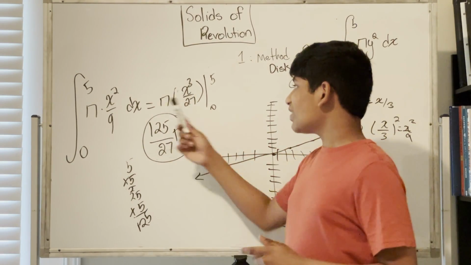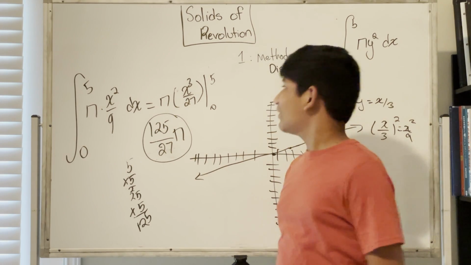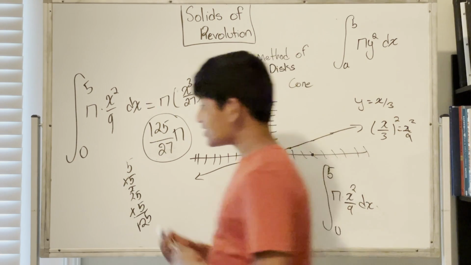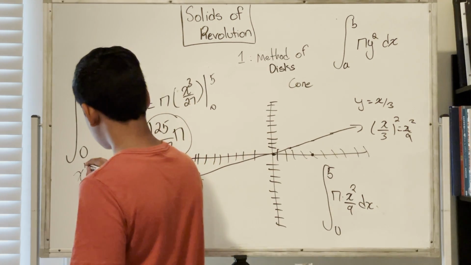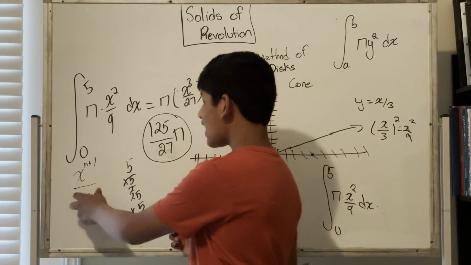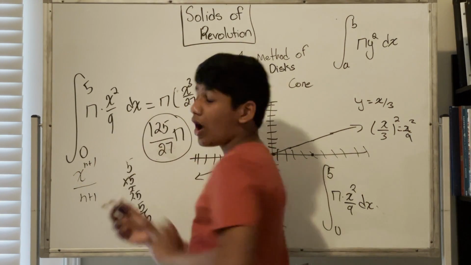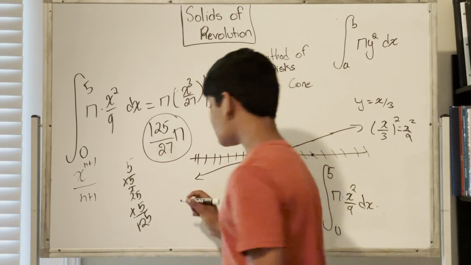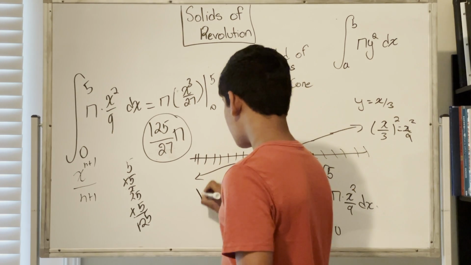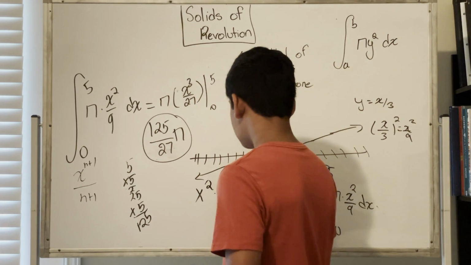Now, you may be wondering, how did we get x squared over 9 all the way to x cubed over 27? Because you may be used to seeing x to the n plus 1 over n plus 1, as I just mentioned earlier. Now, we already have a denominator over here, but if we think a little bit mathematically, and at this point algebraically, we're just going to have x squared times 1/9.